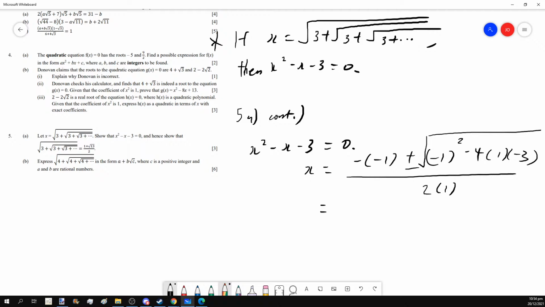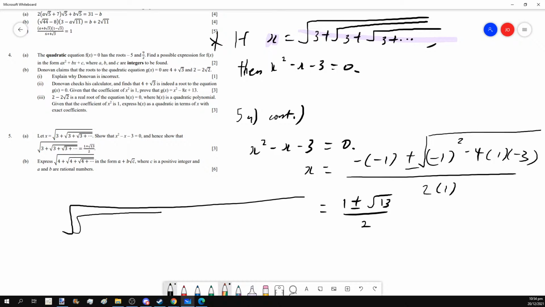And from here, we will simplify this. It will turn into 1 plus minus square root 13 over 2. Now, at this point, keep in mind, the assumption is that x is equal to square root blah blah blah. In other words, that means that square root blah blah blah itself is equal to all this stuff.